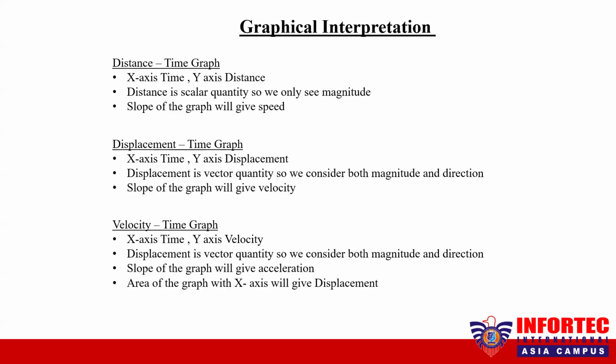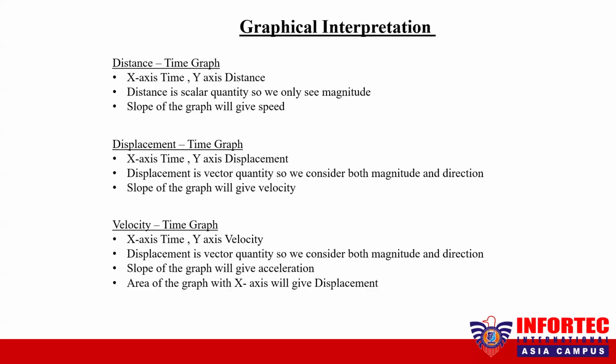And the other one, the velocity-time graph. In the velocity versus time graph, the x-axis is time, the independent variable, and the y-axis is velocity, right? Velocity is also a vector quantity, so we consider both magnitude and direction. The slope of the velocity-time graph represents acceleration, right?